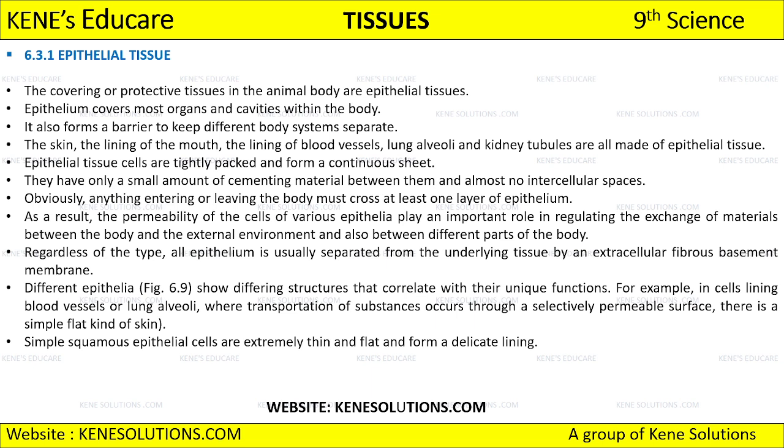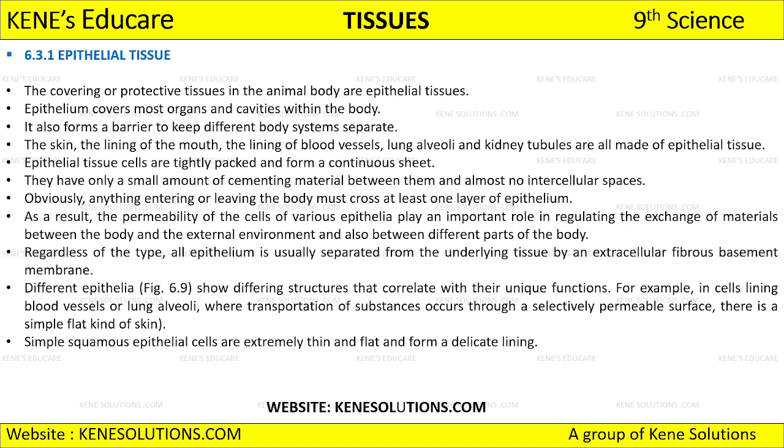And many of them are leaving your body. While they are entering or leaving, they have to cross at least one epithelial layer, and as the permeability of the cells increases, epithelium is going to play a very important role in exchanging this material between the body and the surroundings.